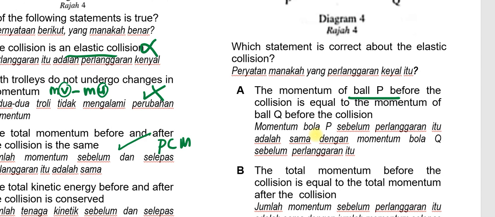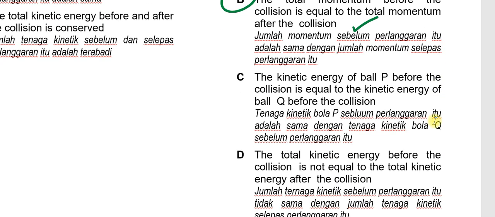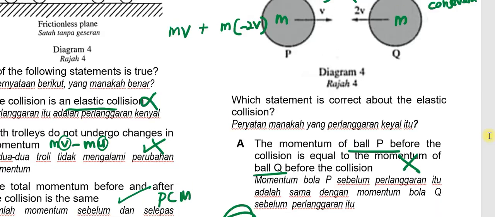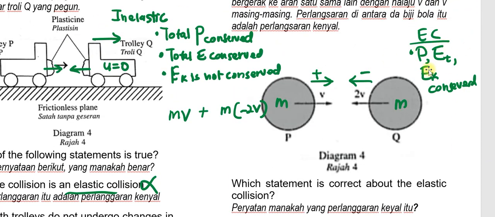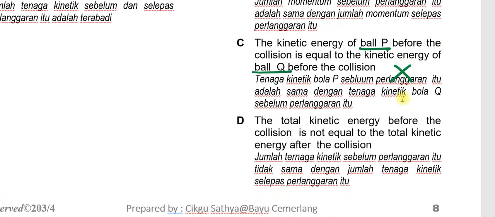The statement in B, the total momentum before the collision is equal to the total momentum after the collision, is true. Kinetic energy of ball P, a particular ball, cannot. All these things I told you are conserved for the whole system, not particularly for P or Q. Total kinetic energy is not equal, cannot. In an elastic collision, it is equal, conserved.